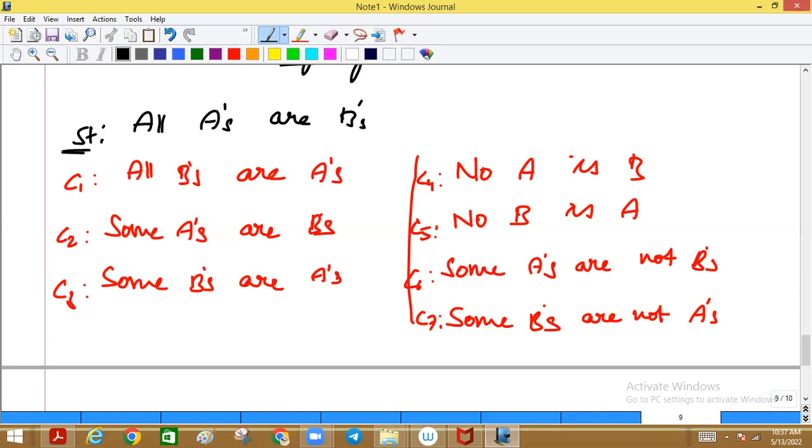Now, what is conclusion? Whatever the statement, what's the meaning of analyzing? What are you going to do with the statement? See, conclusion is something that is derived from the statement.